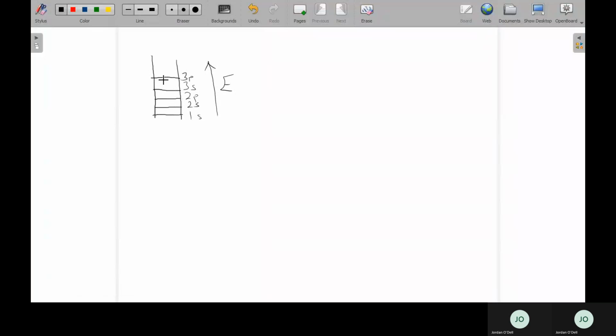So once we hit our fourth energy level, we see something kind of weird happen. I'm going to have my 4s, which would follow our pattern. But we're also going to see our first d orbital shell.